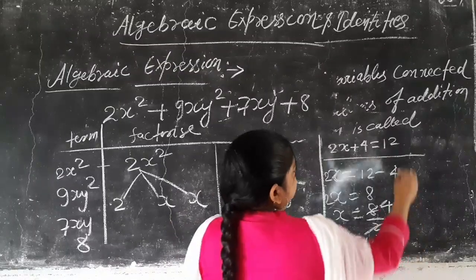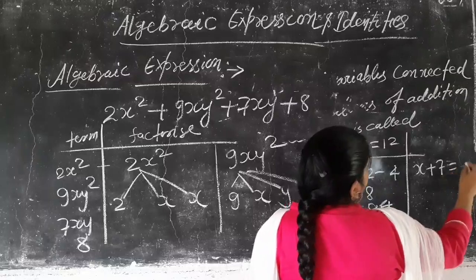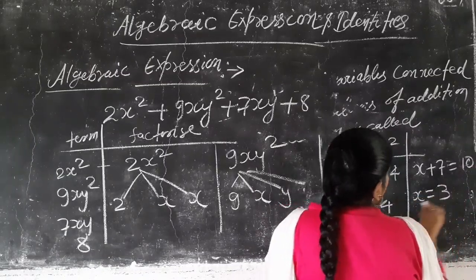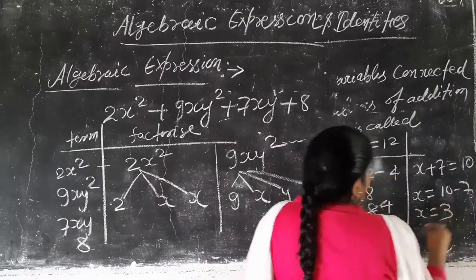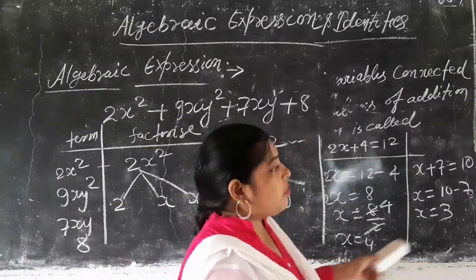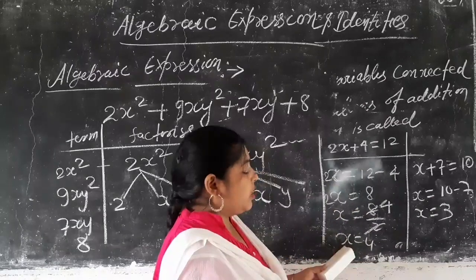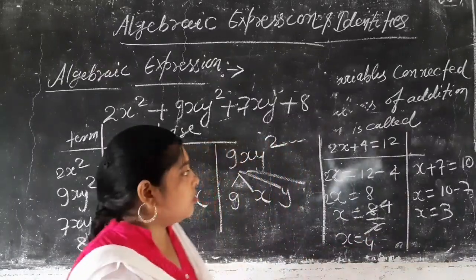Another example: x plus 7 equal to 10, and there the value of x is 3, since 10 minus 7 is equal to 3. In the first example x is equal to 4 and in the second x is equal to 3.